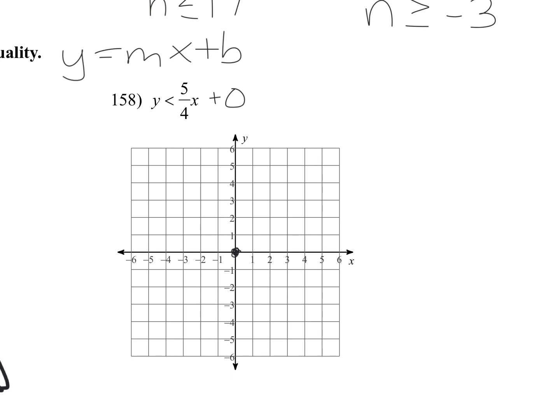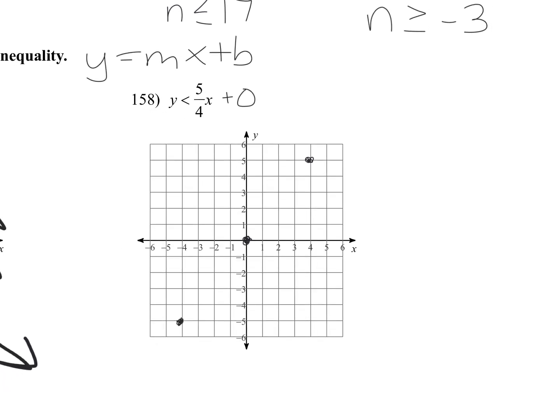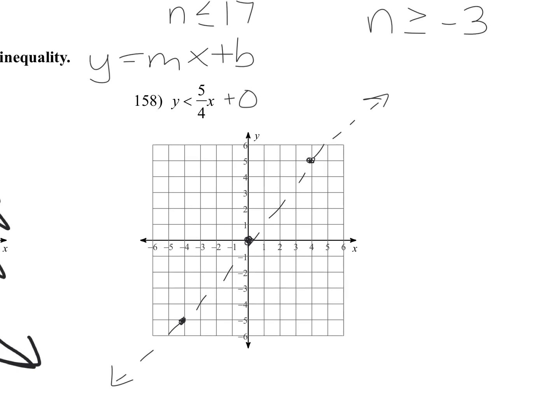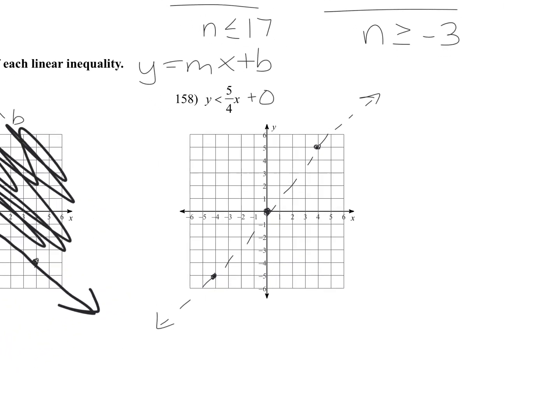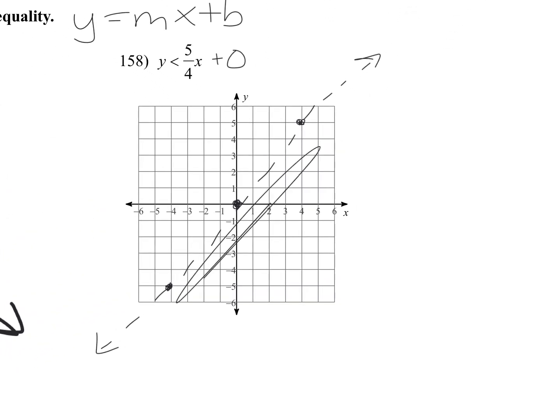Right, 4. And then down 5 over 4. Yep. What's my next question? Solid or dashed? Why is it dashed? It's not equal to. Last step. Shade. It's less than, so you go up or down? Down.